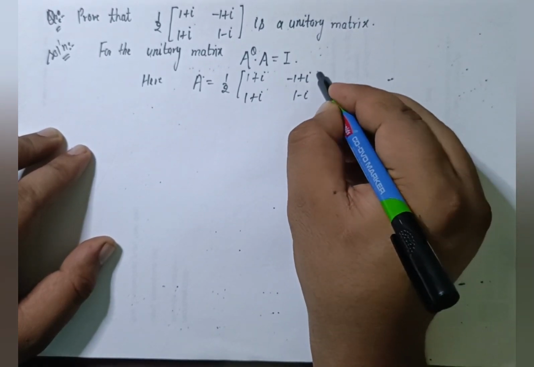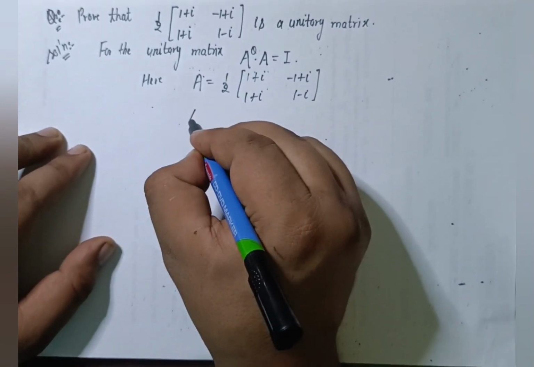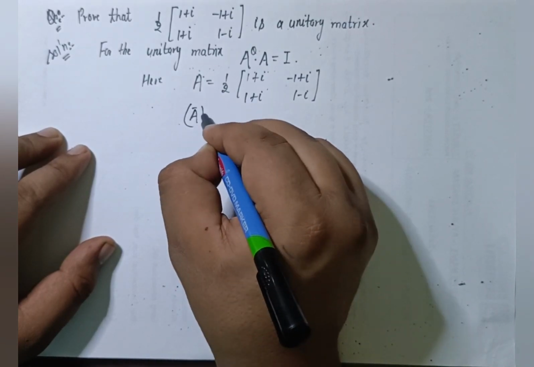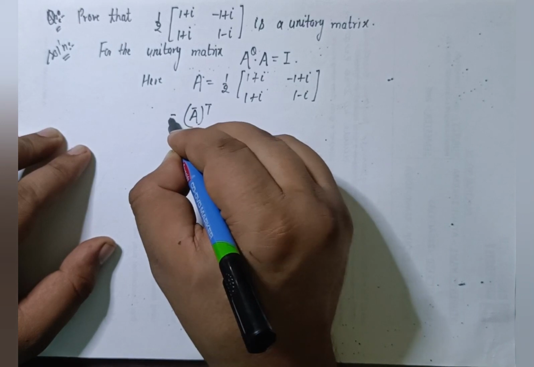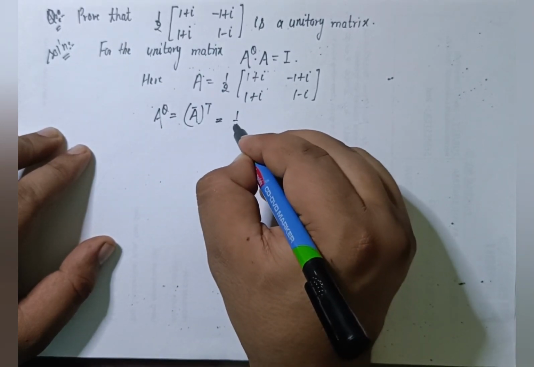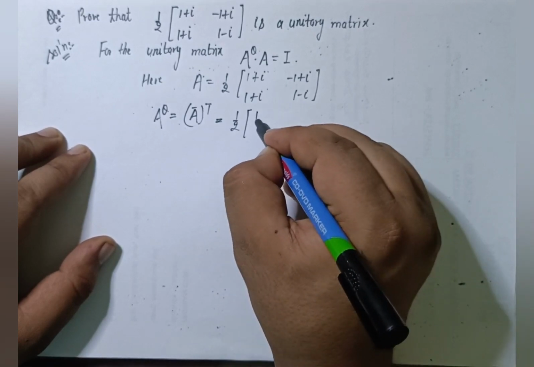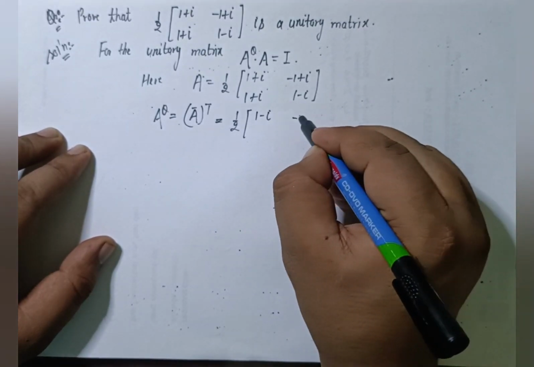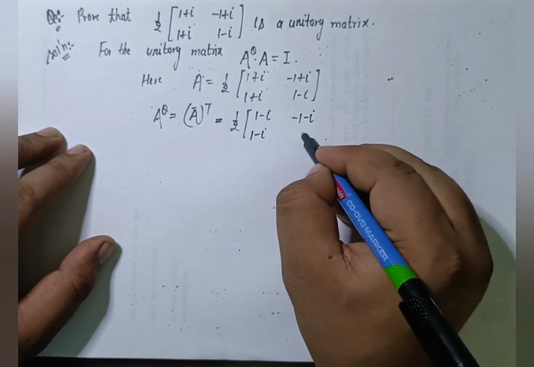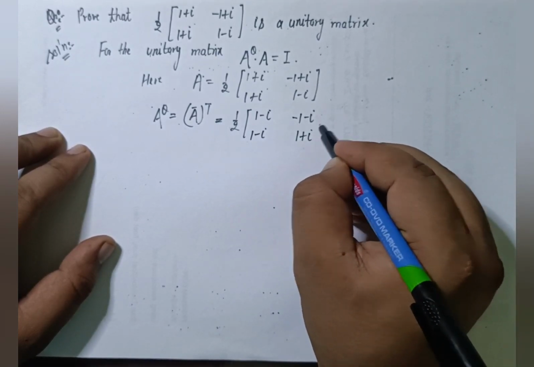1 minus iota. So first of all we write its transpose conjugate, or conjugate transpose, that is A theta, that is equal to 1 by 2, 1 minus iota, minus 1 minus iota, 1 minus iota, 1 plus iota.